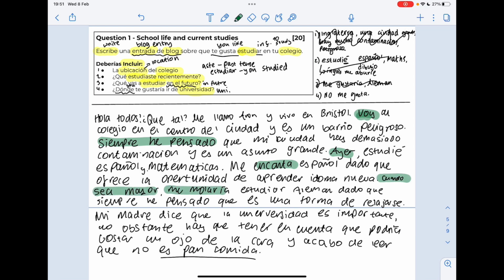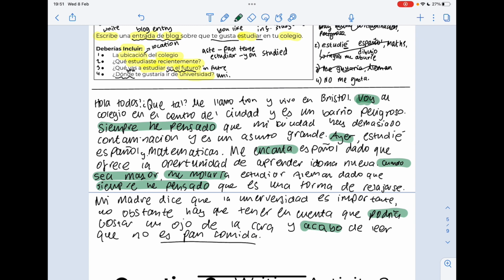Another tense by here. There's another tense by here. Acabo. Present. Podría. Future. So all the greens I've highlighted are the different tenses, and this is where the marks come from in the mark scheme, especially if you're doing the higher tier.